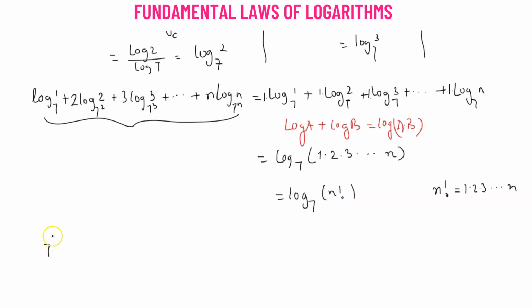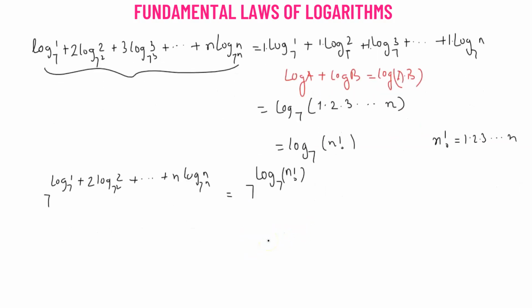So finally we have 7 raised to the power of log of 1 with a base of 7 plus 2 times log of 2 with a base of 7 squared going all the way up to n times log of n with a base of 7 raised to the power of n. So this will be equal to 7 raised to the power of log of n factorial with a base of 7. Now we will apply one more property of logarithm.